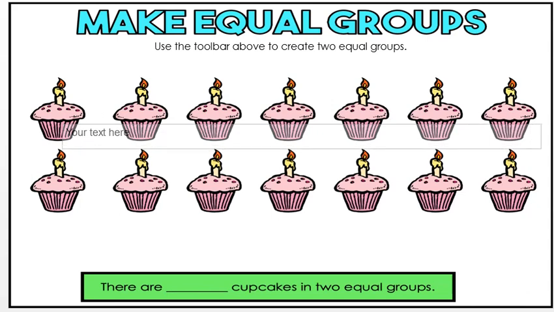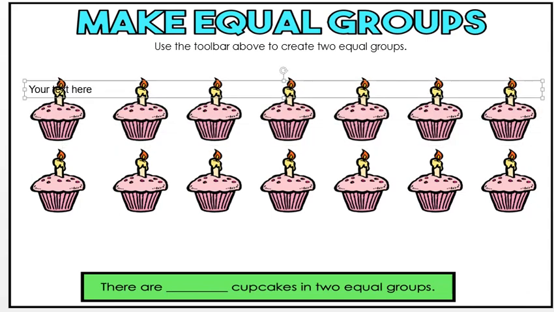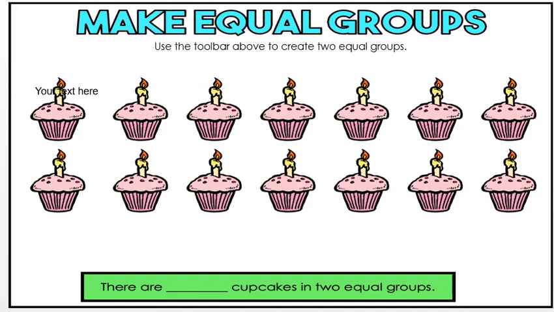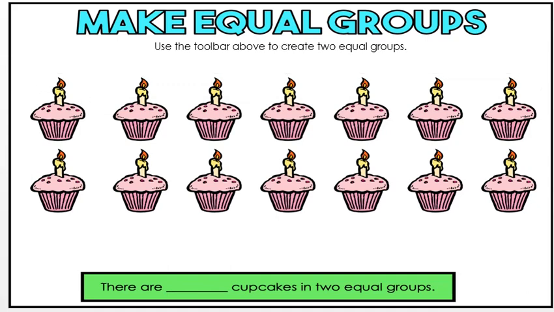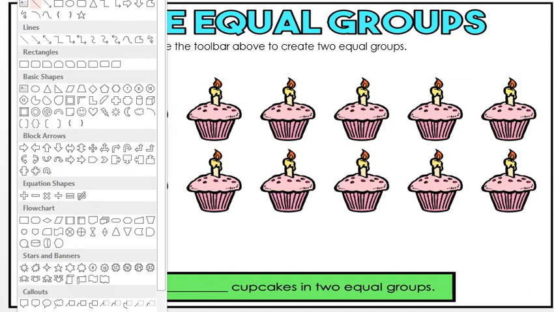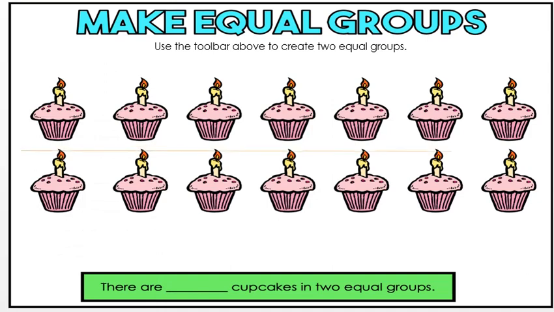So what I can do now is just separate them kind of like this, if this will let me work. No. Let's do this. Let's do a shape and draw a line. Voila. So there is one group and there is another group.